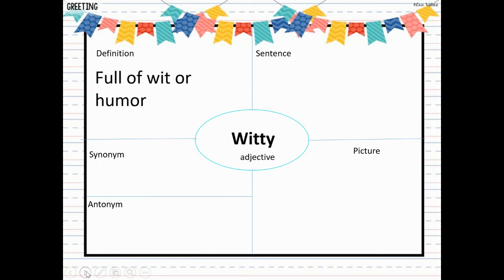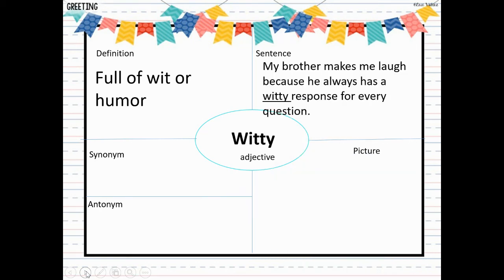Our next word was witty. Remember, witty meant full of wit or humor. And our sentence is, my brother makes me laugh because he always has a witty response for every question.